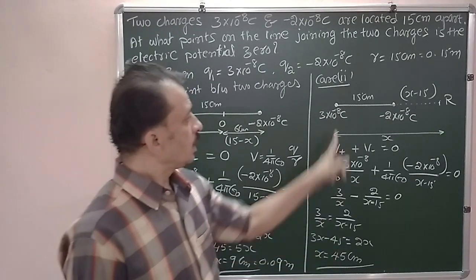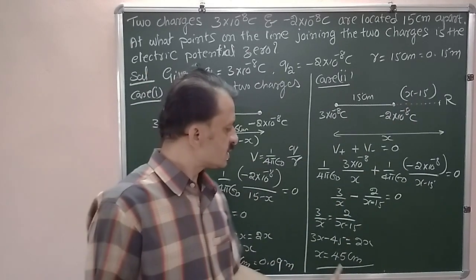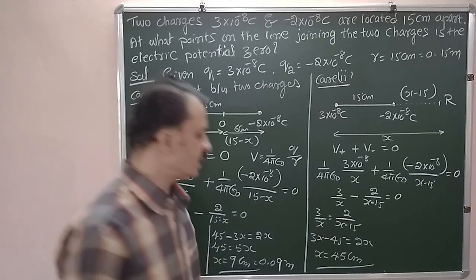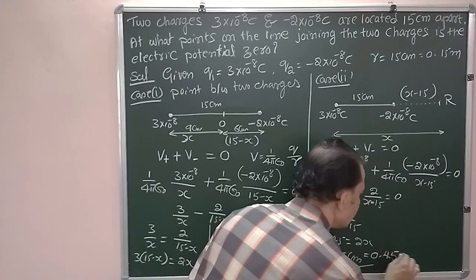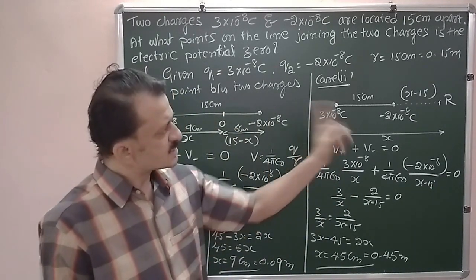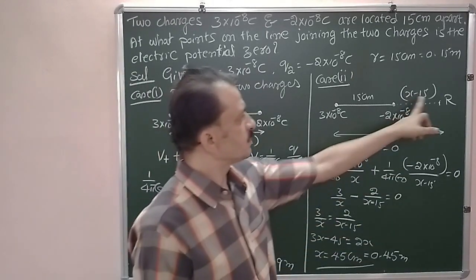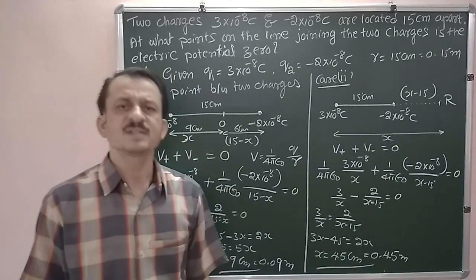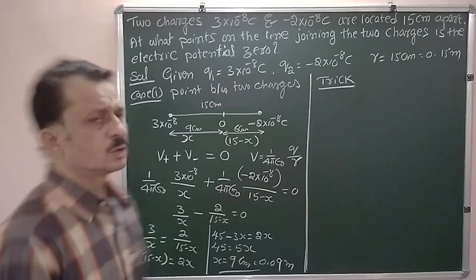Therefore, from the positive charge, the point R is at a distance of 45 centimeter. If I write it in terms of meter, because if we want to write it in SI units, it is 0.45 meter. Then what is the distance of that point R from the negative charge? It is obviously x minus 15, that is 45 minus 15, it is 30 centimeter from the negative charge.